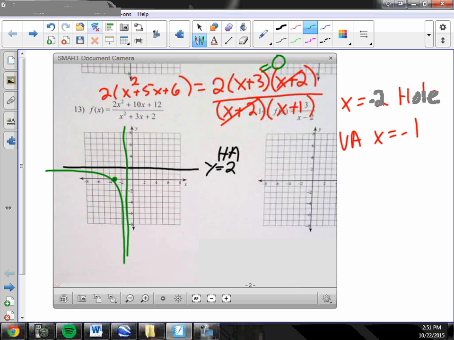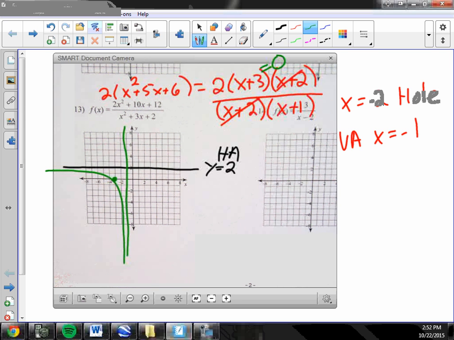Why isn't it the bottom right corner? If you look at how many times the vertical asymptote happens, it only happens once, which means that the ends have to go in opposite directions. If there were 2 x plus 1s in the denominator, then the bottom right side would have the graph in it.